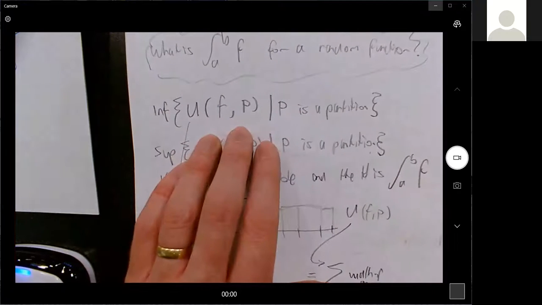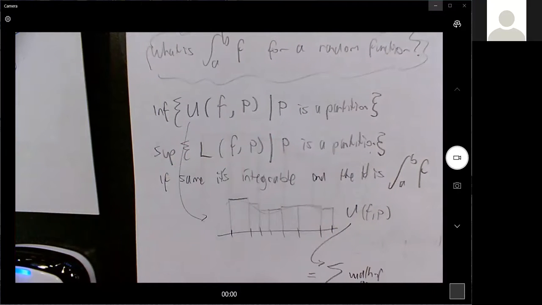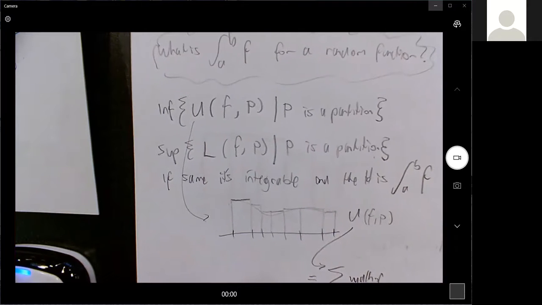Because if there was a gap, if there was an epsilon and I couldn't make the upper sum less than an epsilon, then the infimum would be epsilon and not 0. So I have to get my upper sum total to get down to 0 somehow.